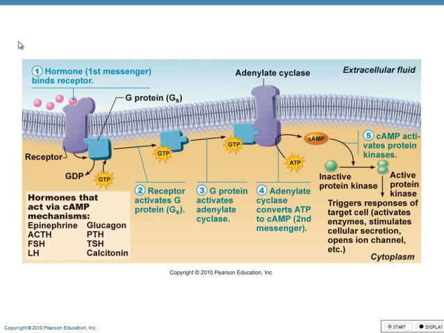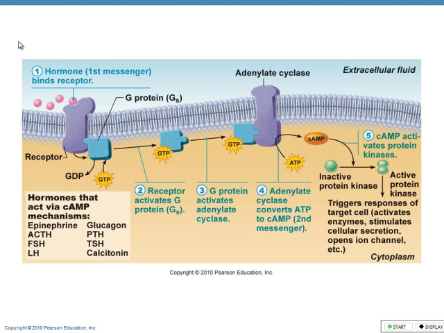The receptor activates the G protein. Now we call it an active Gs. When it comes in contact with an enzyme, in this case it's called adenylate cyclase, we're going to see a different reaction happening to create who?